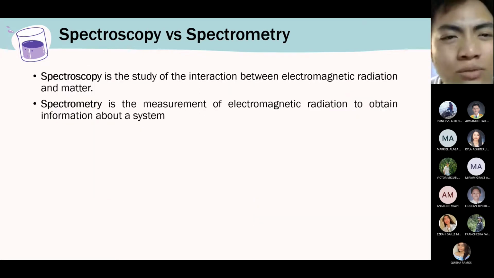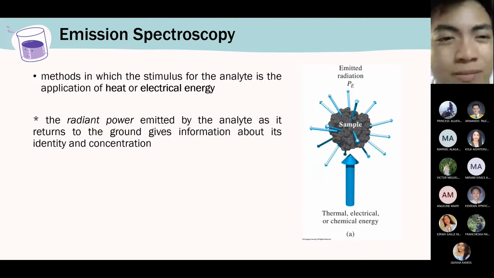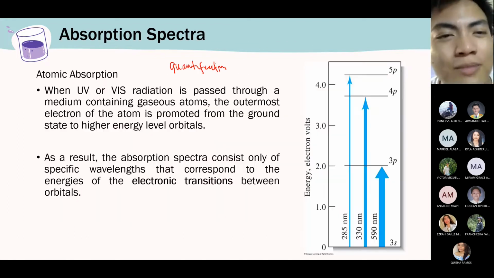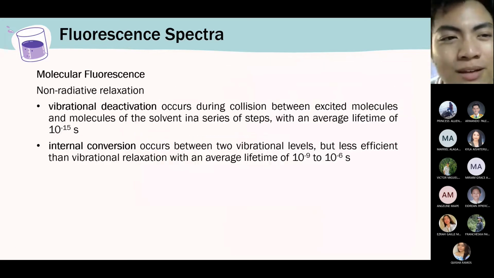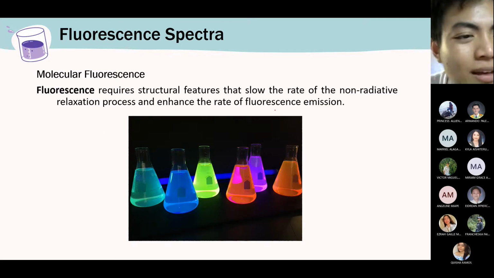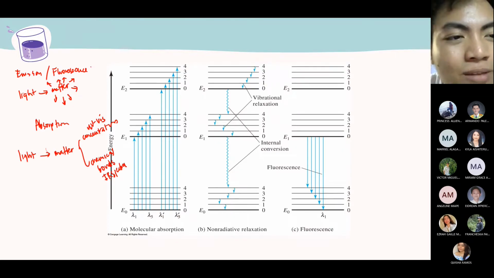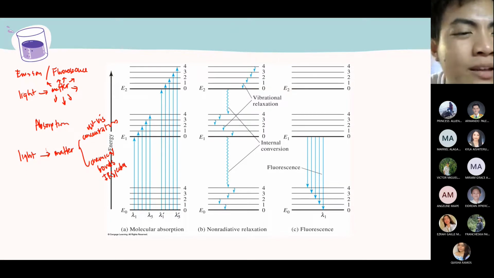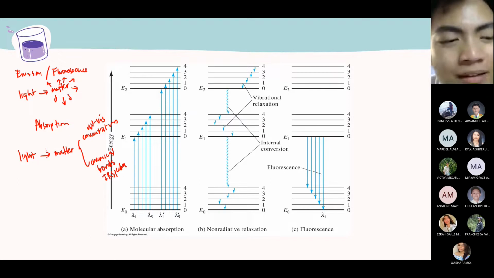The idea of Niels Bohr, that matter releases light when given energy, resulted in spectroscopy, such as emission spectroscopy, absorption spectroscopy, and fluorescence spectroscopy. Those are the products of his idea. Again, a summary of the three: in emission or fluorescence spectroscopy, light is absorbed by the matter and later released again as light. In absorption, the matter only absorbs the light.